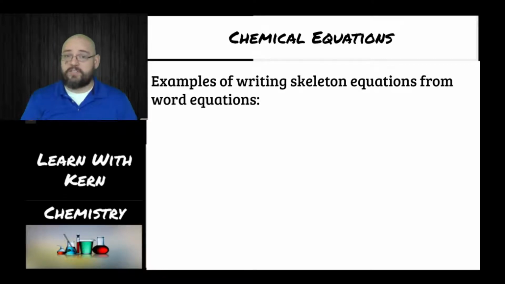So oftentimes you're going to see the equations typed out in word form, but in order to do a lot of the chemistry that we do with them, we need the skeleton equation, because the skeleton equation is where we get the numbers and stuff that we need to do the math with when we're doing chemistry. So you'll see how this goes.